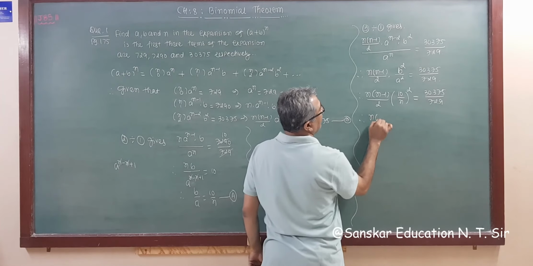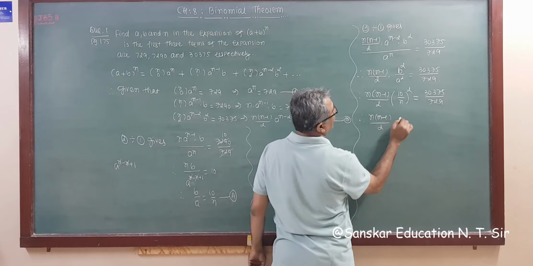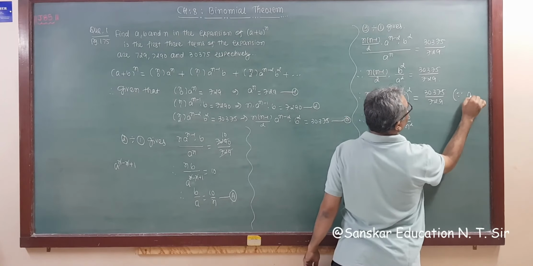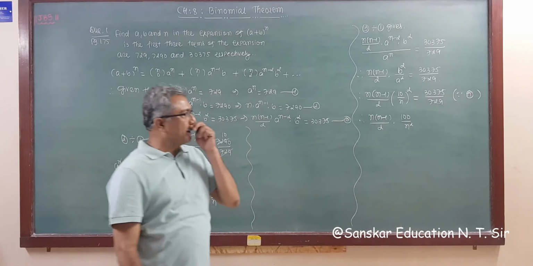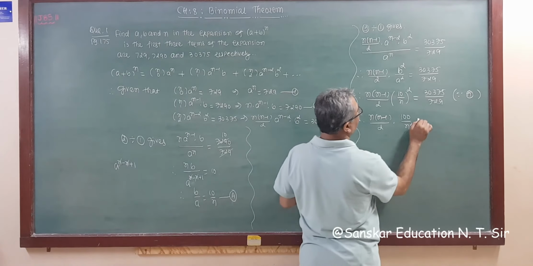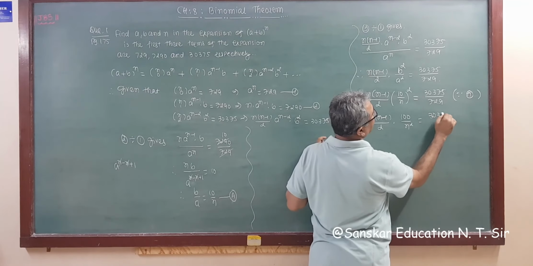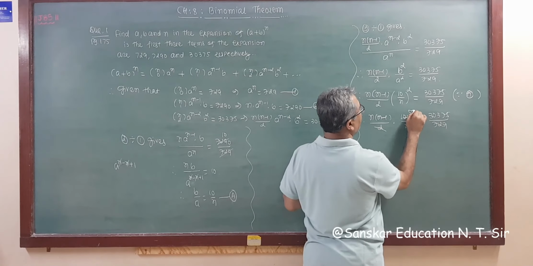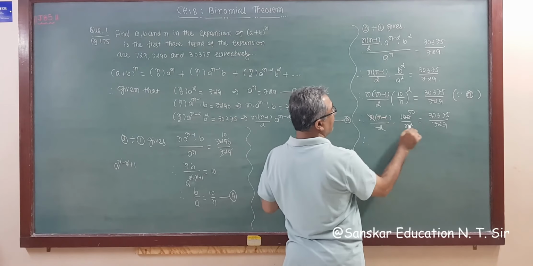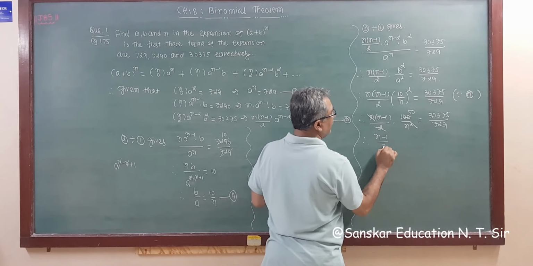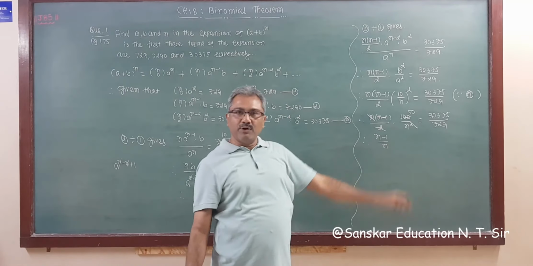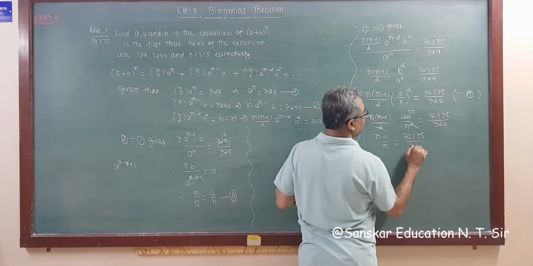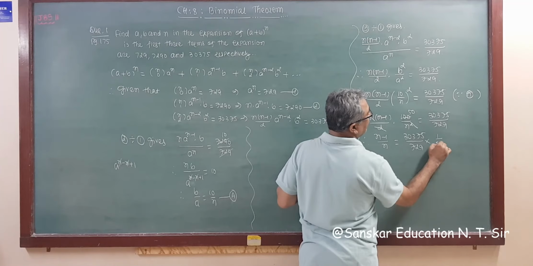So we get n into n minus 1 divided by 2 into 100 upon n square, due to reason number A, is equal to 30375 whole upon 729. This becomes 50. So n will be cut, and we get n minus 1 upon n is equal to 30375 upon 729 into 1 upon 50.